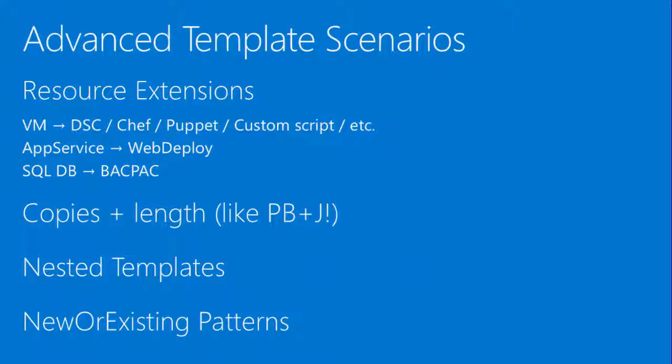What other advanced templates? Right, so copy function, I spoke of that already. We'll show an example of this just in a second. Nested templates, we'll talk about new or existing pattern. I'll skip that. And the reason I'm going to skip that is because you should actually avoid, as a general piece of guidance, to have conditional logic. And this is what new or existing is. It is conditional logic. Why would you avoid conditional logic?